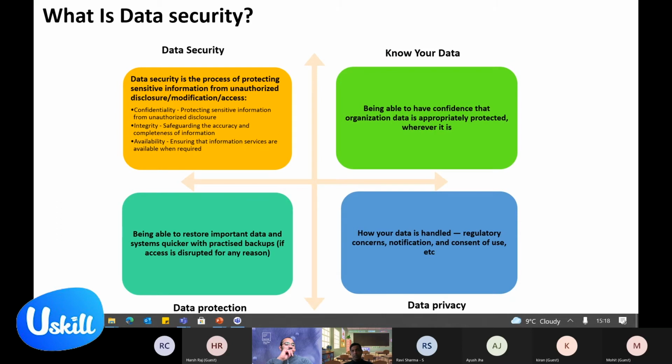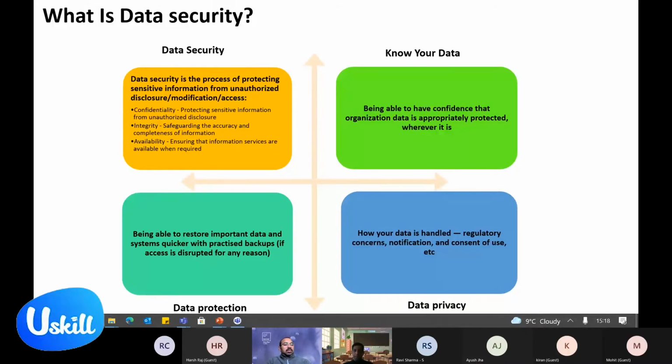It used to be that when such privacy laws were not stringently in place, any organization used to collect any type of information. But now the compliance says: why you are collecting the data, what is the purpose of the data, how long you will collect the data, how long you will retain that data.